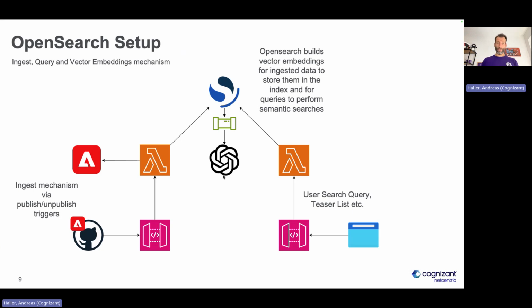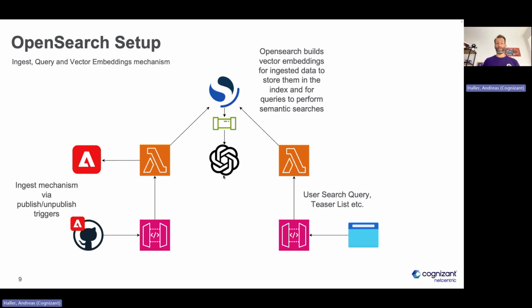The searching comes from the other side, from the browser. We have this user search query we saw in the demo, or the teaser list, or it can even be a chat, but we'll come to that. And we go basically to the same kind of infrastructure.